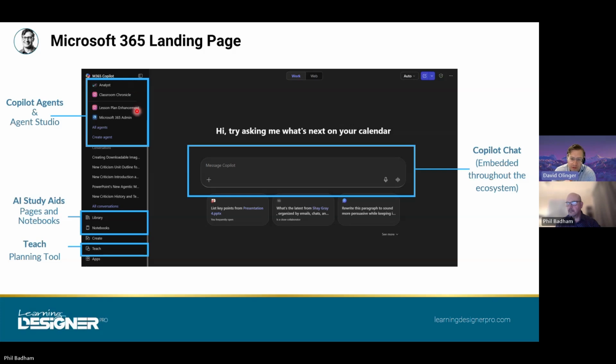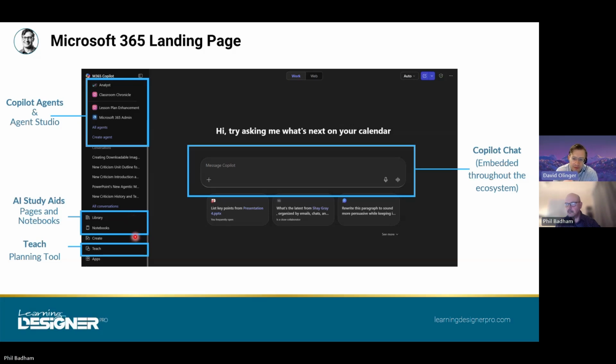Moving down, you'll see there's something called Conversations in the middle. Those are the conversations you've had with your Copilot, so you can reference historical conversations. The library and notebook is going to highlight some of the historical documents and pages that you've created using Copilot, creating Copilot notebooks. Phil will highlight a little bit of that today.